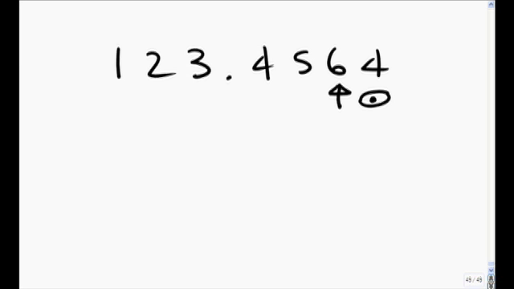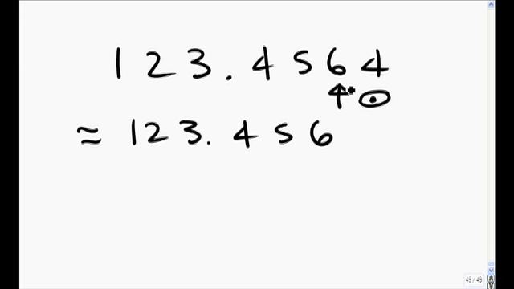If that digit is a 0, 1, 2, 3, or 4, like in this example it's a 4, the approximation will be 123.456. That is, we leave the digit in the thousandths position, the 6, alone. This number is approximated to the nearest thousandths.